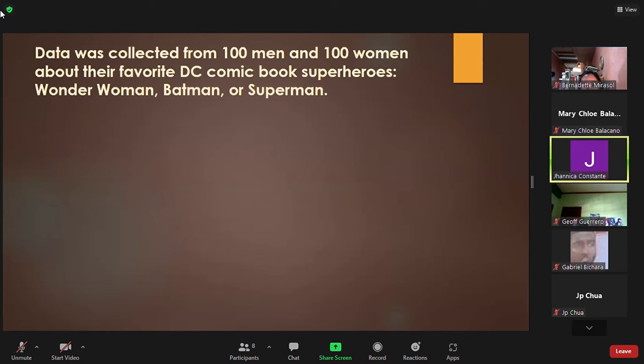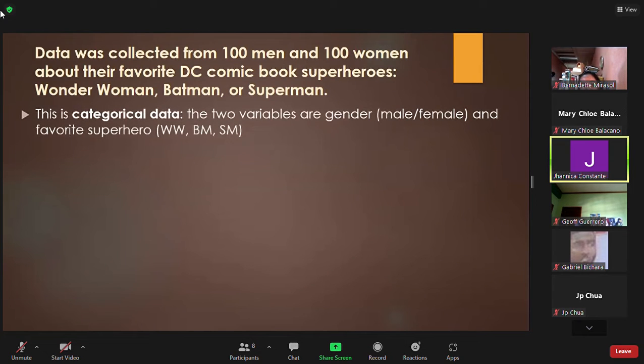For example, we have this data that we have collected. The data was collected from 100 men and 100 women about their favorite DC comic book superheroes, which are Wonder Woman, Batman, or Superman. So this is the categorical data that we have.